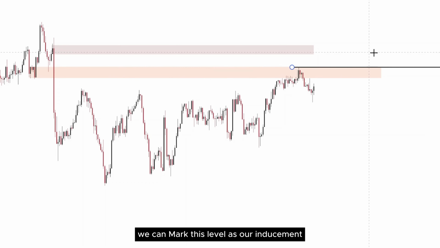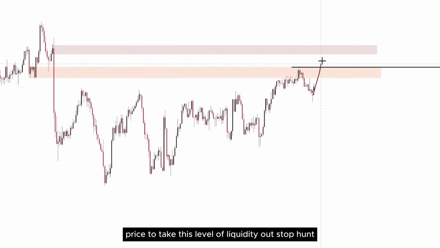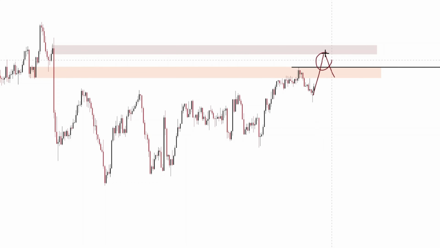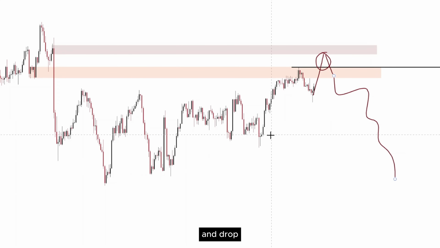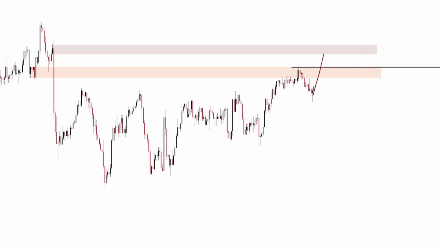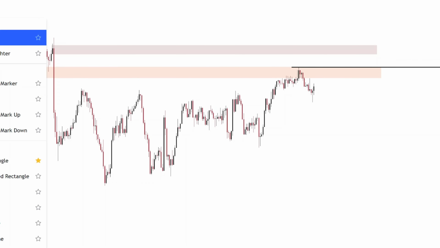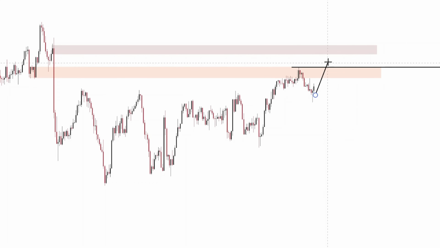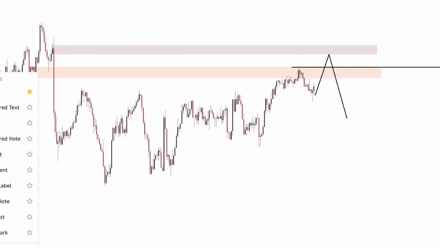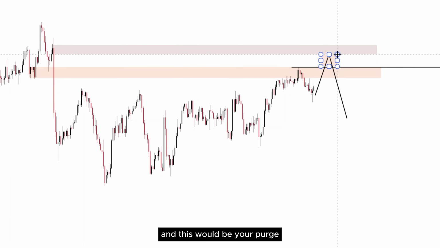And what we would like to see for now is price to take this level of liquidity out, stop hunt, and drop. So again, this would be your purge.